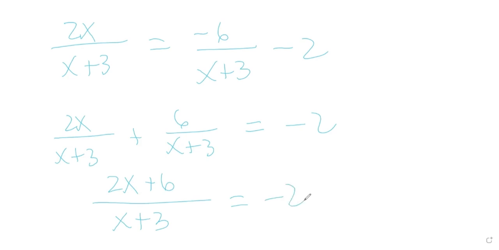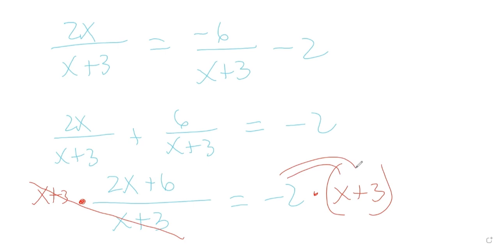So this is what we have there. Okay, now what? How about we get rid of the denominator altogether? What if I times both sides by x plus 3? That'll completely knock out all of that there. But put parentheses on the right because you have to distribute. We're going to have to distribute the negative 2.